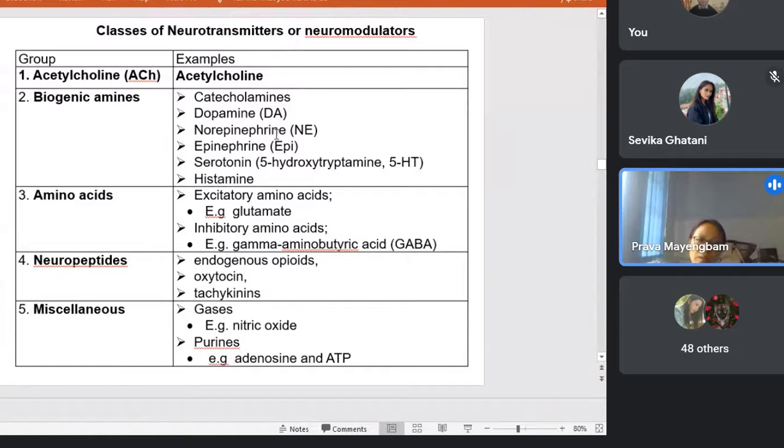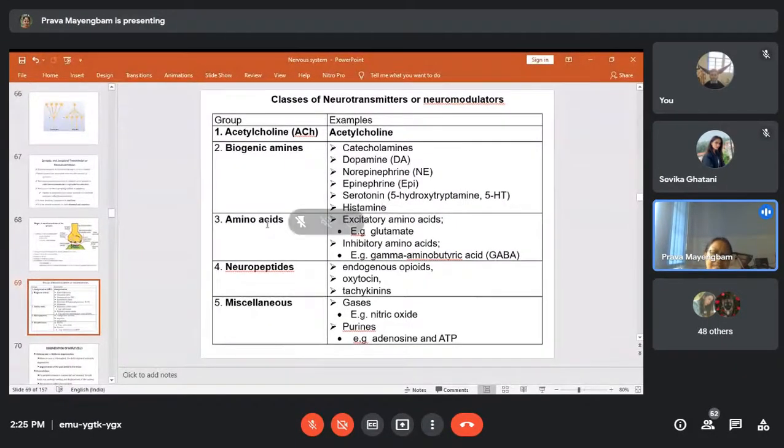So these are all having amines. Then amino acid neurotransmitters like glutamate. Glutamate comes under the excitatory amino acid category, and gamma-aminobutyric acid, in short we write GABA. This comes under inhibitory amino acid neurotransmitters.